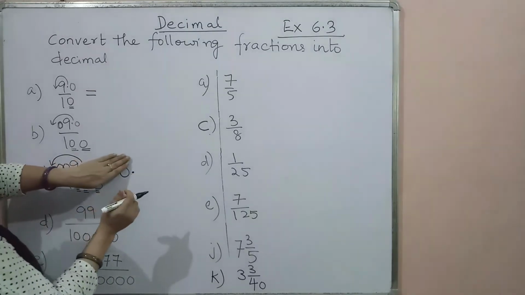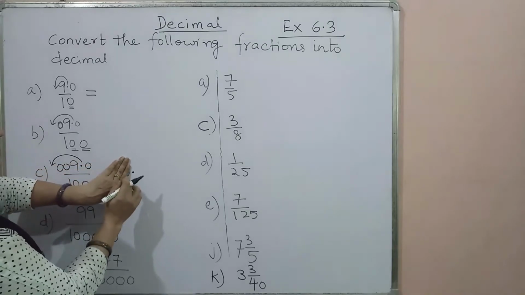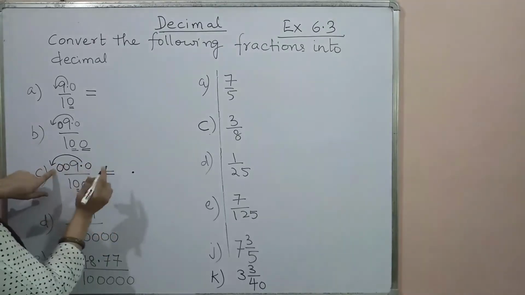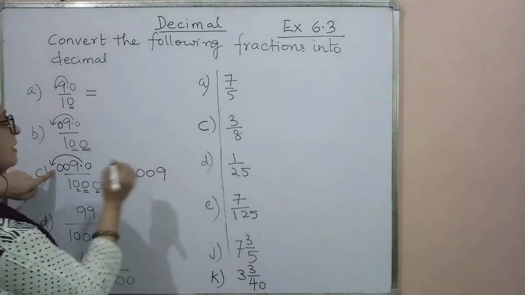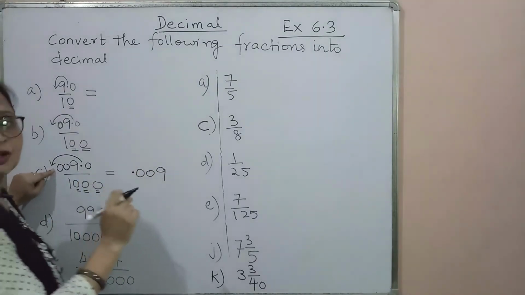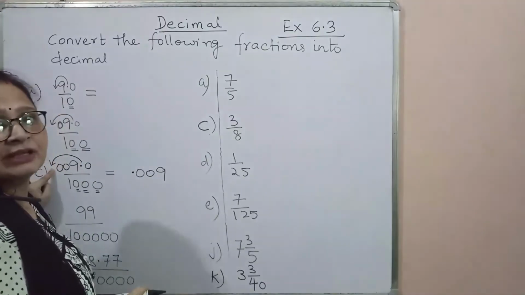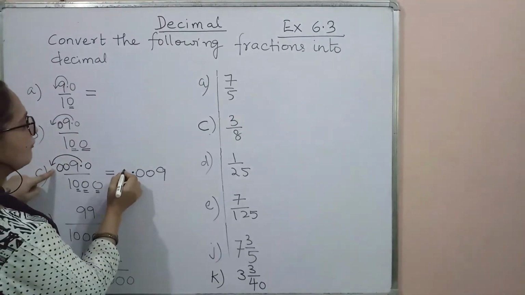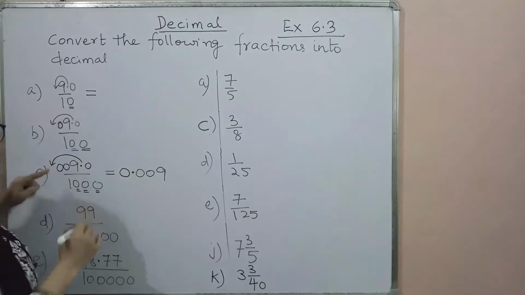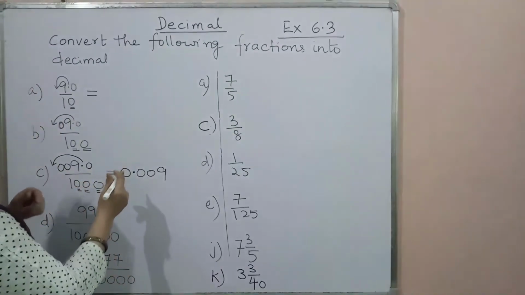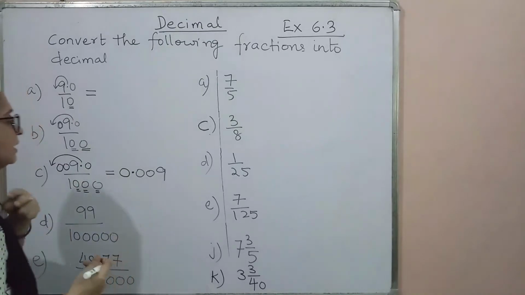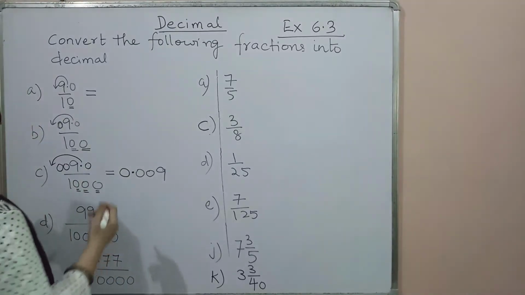We put a decimal here, then we have 2 zeros and 9. This is your answer, but we should not start any number with a decimal point. For good habit, we should always add a 0 before the decimal.